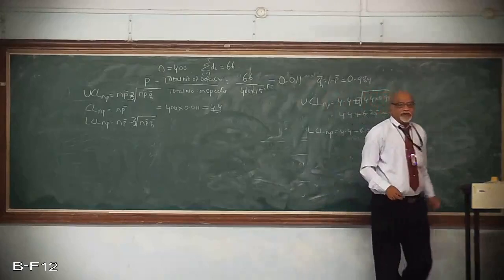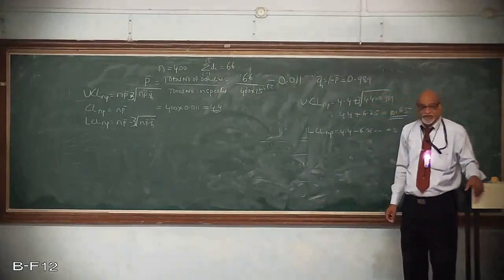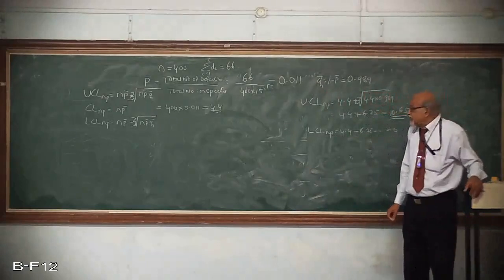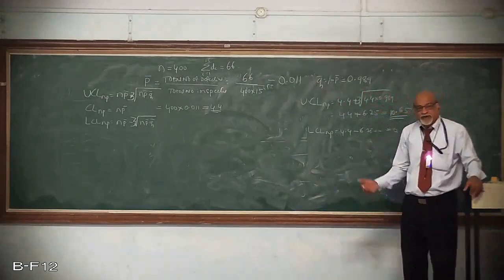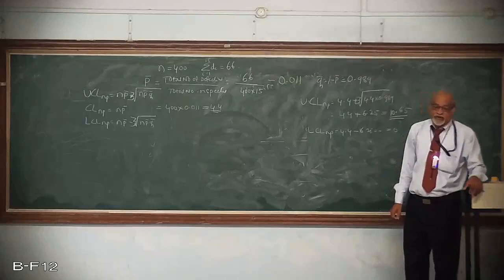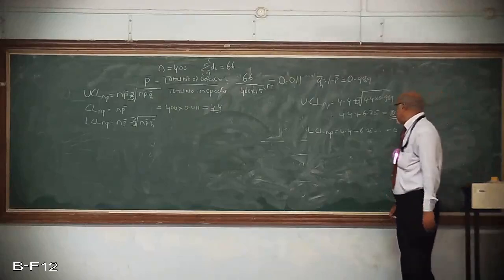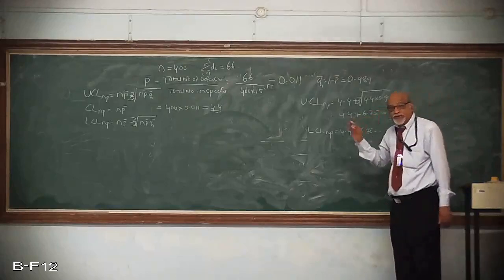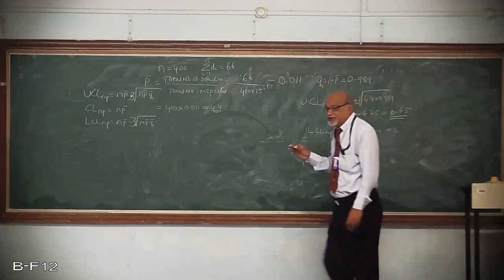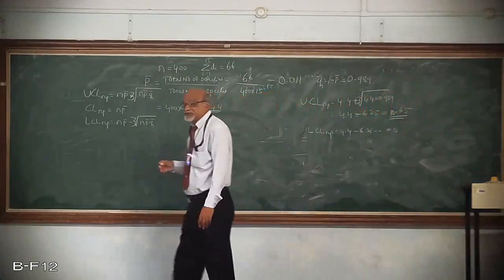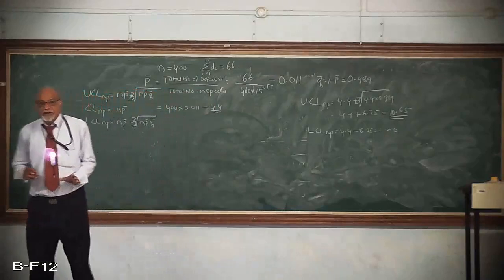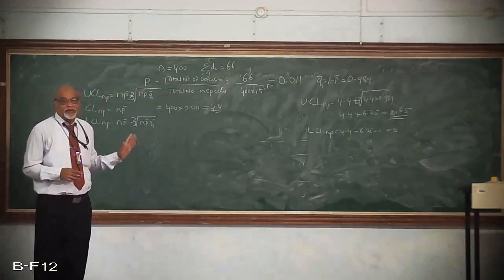That means the control limits we are going to establish are: lower control limit 0, central line 4.4 or 4 you can write, and upper control limit 10 instead of 10.65. But if you take the fraction p, then we can express it in fractions. But here, when you are really setting up, it will be like that.